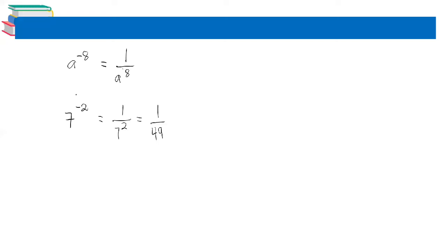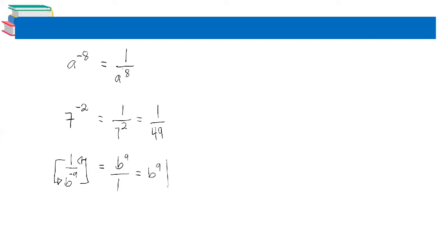Next is, what if our given is like this? 1 over b to the negative 9th power. What we are going to do is reciprocal it. When we reciprocal it, or swap the numerator and denominator, the sign of the exponent will become positive. Therefore, it becomes b to the positive 9th power over 1, and the answer here is b to the 9th power.